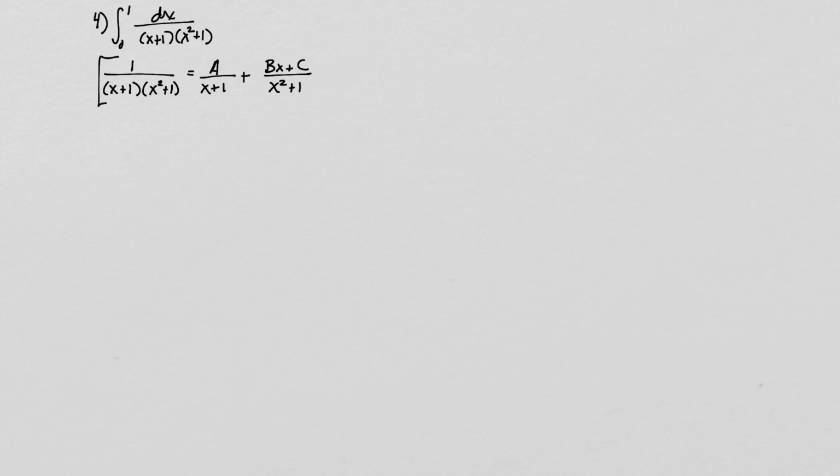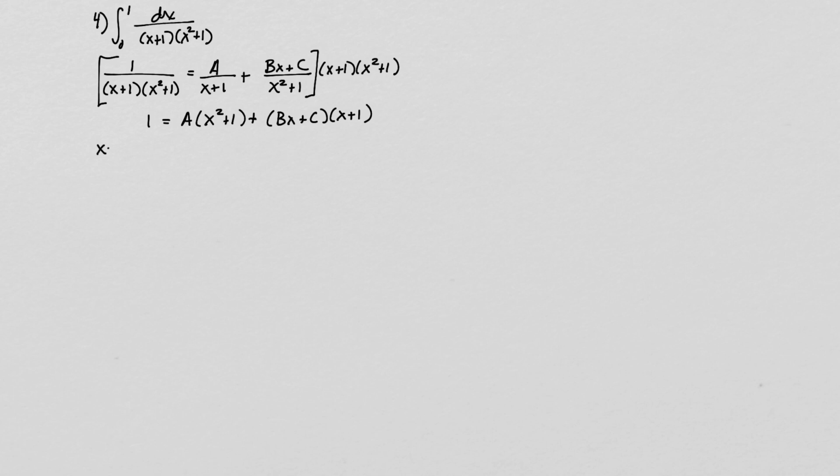So if I multiply the whole entire thing by (x plus 1)(x squared plus 1), we're going to end up with 1 is equal to A times (x squared plus 1) plus (Bx plus C) times (x plus 1). I know I did it a different way on the sheet, but you can easily get one of the values.